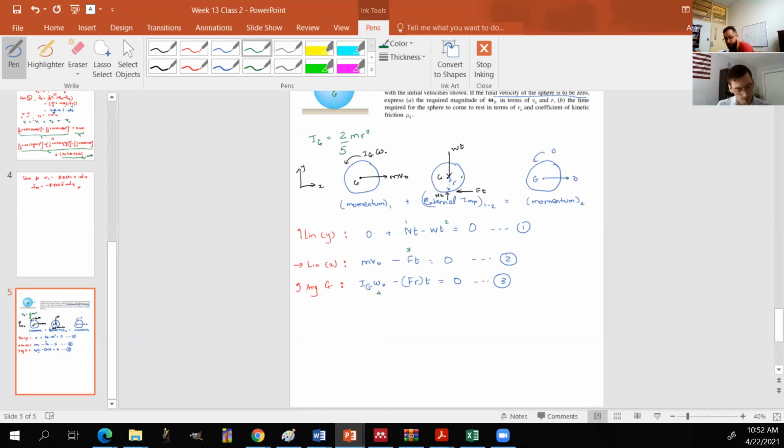You could try to use work done, but there's a simpler equation. Remember, they're asking you to find terms in mu k, and you know that sliding is happening. So you can say that F is equal to mu k times your normal force, or mg.